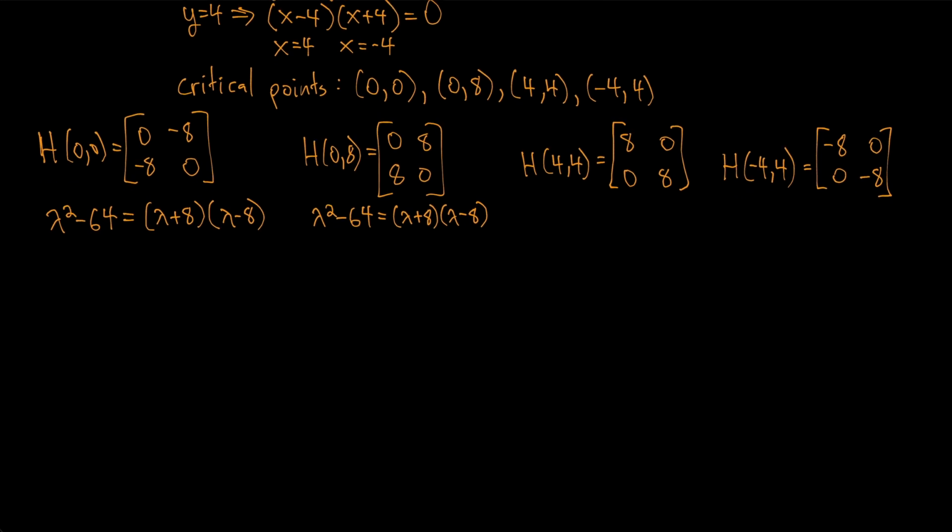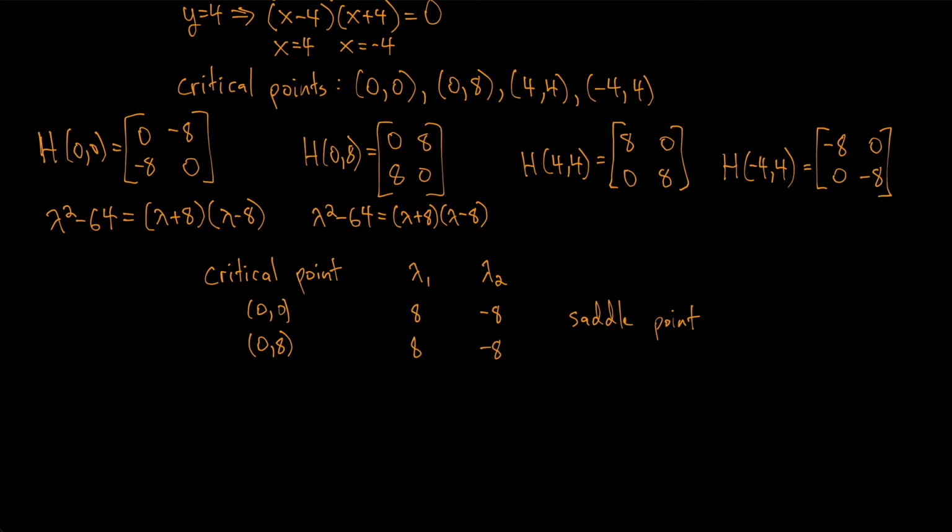So now we can make a table. For each critical point, we have a lambda 1 eigenvalue, a lambda 2 eigenvalue, and some conclusion. For the critical point 0, 0, lambda 1 is 8, lambda 2 is minus 8, so we have a saddle point. For the critical point 0, 8, we also have eigenvalues of 8 and minus 8, so again, we have a saddle point.